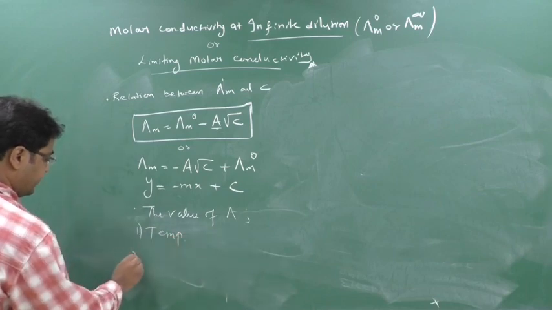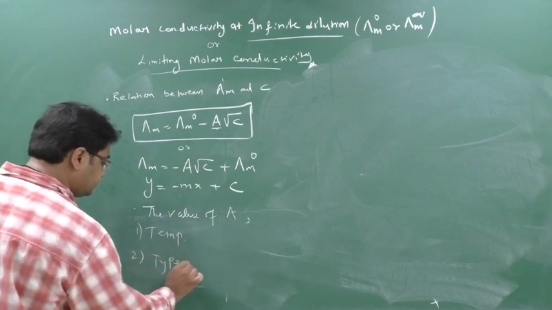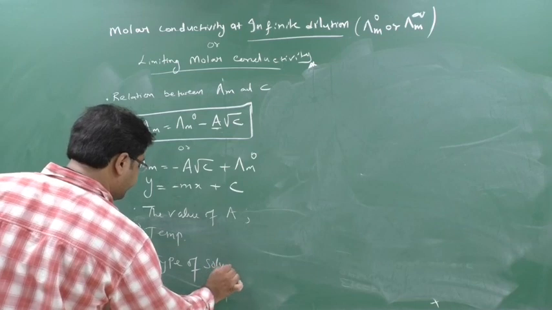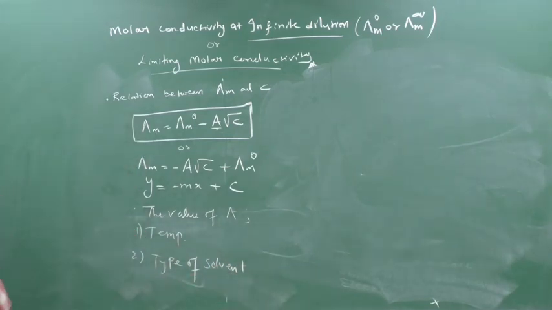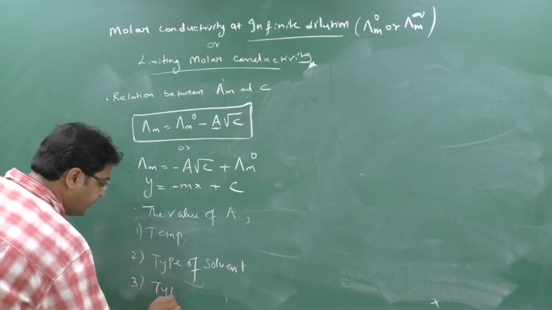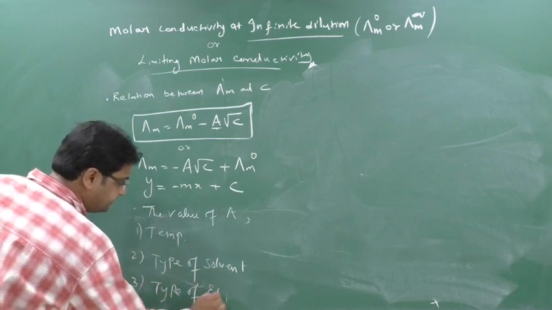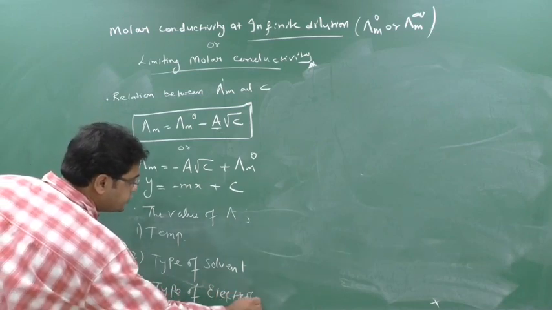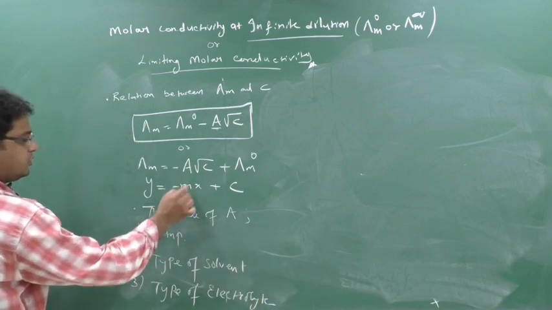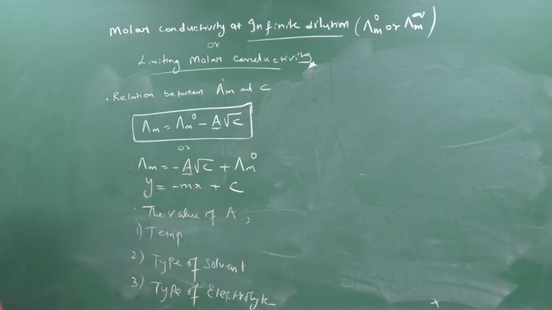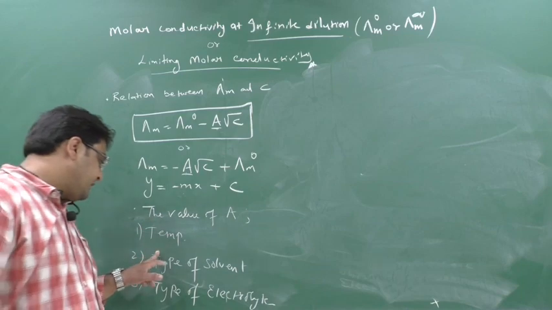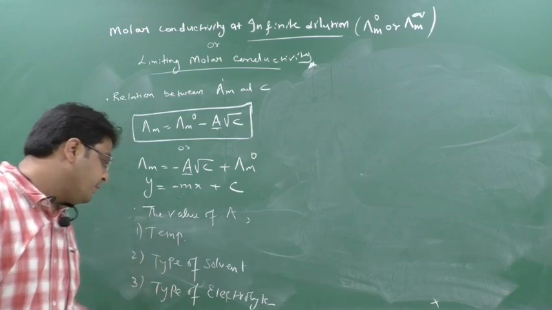It also depends on the type of solvent, and one more thing, it also depends upon the type of electrolyte. Please remember, this A is the slope, just as m is the slope here. So the value of A depends upon the temperature, type of solvent and type of electrolyte.